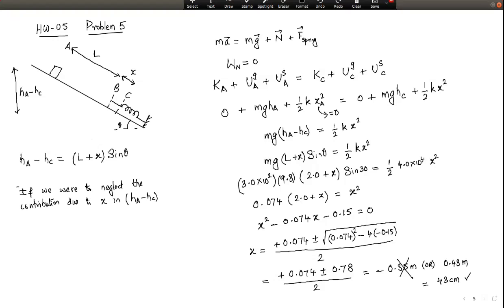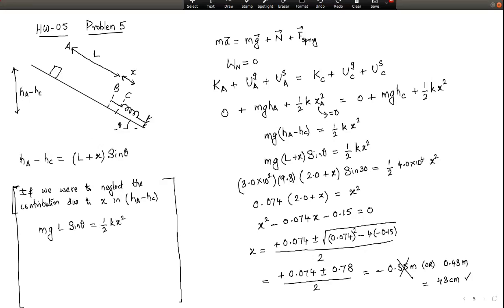The following is wrong, but it's worth pointing out. In that case, you would, in a hurry, say that the change in potential energy is just L. So you would say this is mg times L times sine theta is equal to half k x squared.